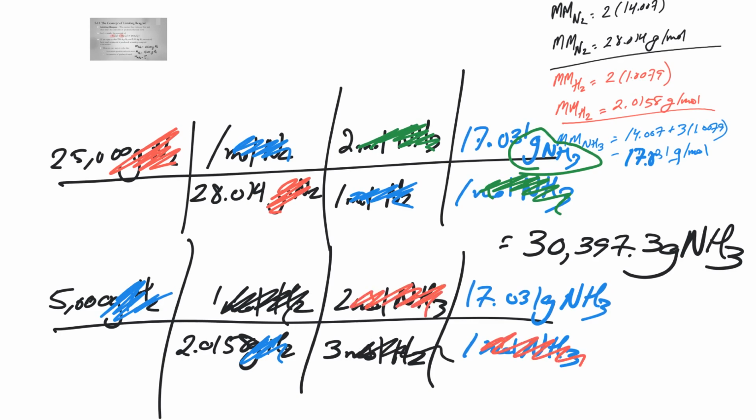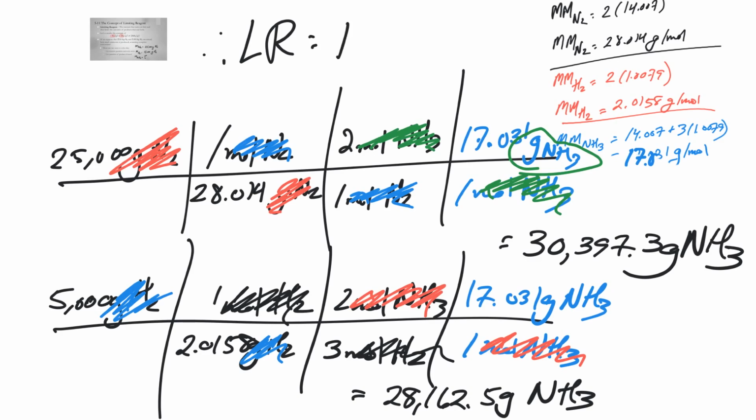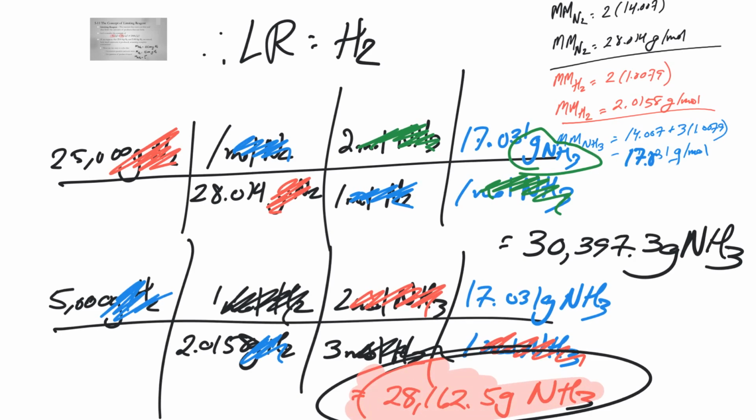And from this, just as a reminder, all in one step, you get 28,162.5 grams of ammonia. So therefore, again, in doing these two different reactions, the limiting reagent is hydrogen because it makes less product, and the mass of the product that you get is already there for you, 28,162.5 grams.